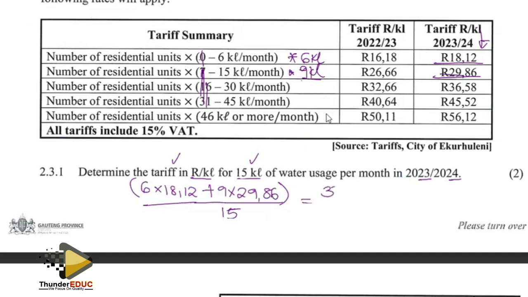We have the answer 377 rands. So we divide this by 15, which is approximately 25 per kiloliter. We are looking for the tariff in rands, because there's no direct 15 here.